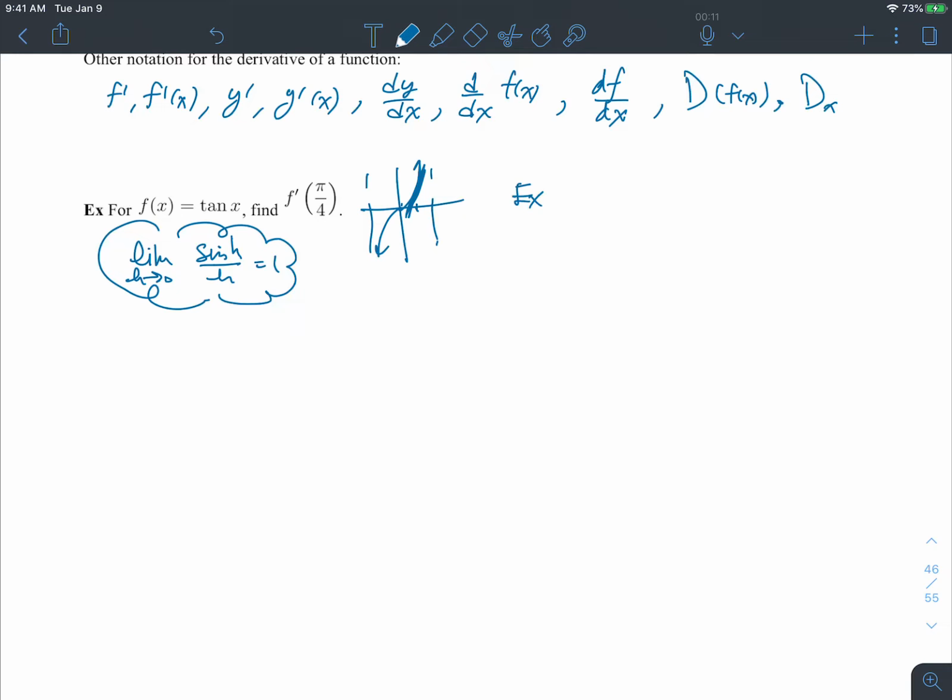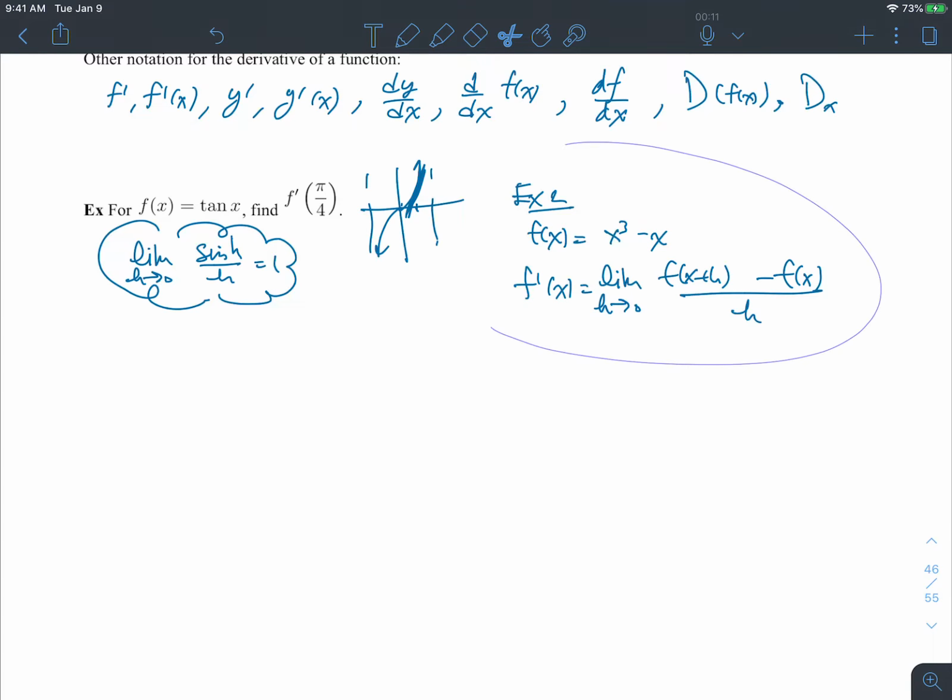How about example 2 from your book? Let's try f of x is equal to x cubed minus x. How do I find f prime of that? Well, f prime of that is the limit as h goes to 0 of f of x plus h minus f of x over h.